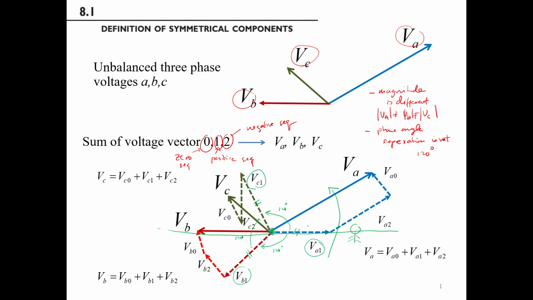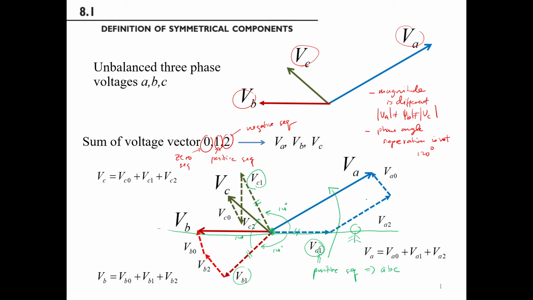So the positive sequence, with the subscript 1, has another name: we call it the ABC sequence. We are standing at the goal in this case, and we rotate in the positive direction, which is the counterclockwise direction here, and you see the phases A, B, and C in this sequence.